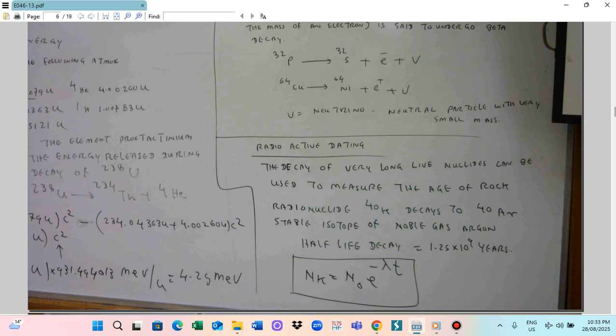So by using this formula, lambda is the decay constant. With the original content of the radioactive nuclei, we can know the final content of the nuclei. T is the time, the number of years required. By solving, we can know the age of the rock. Therefore, we can utilize radioactive dating in the archaeological process.